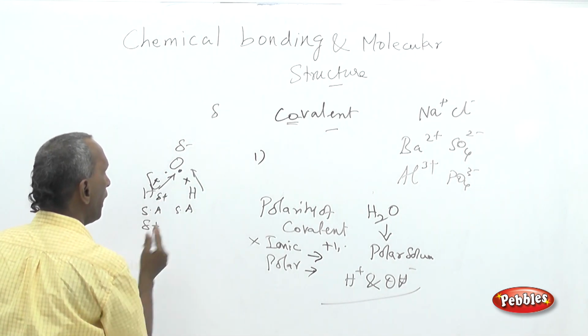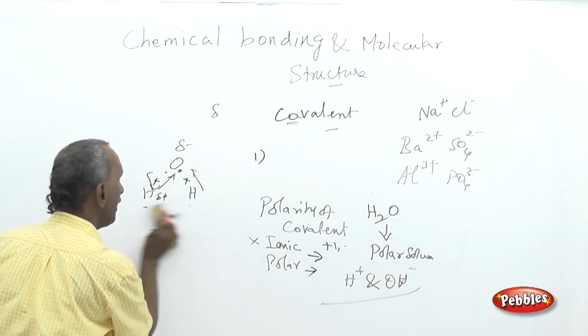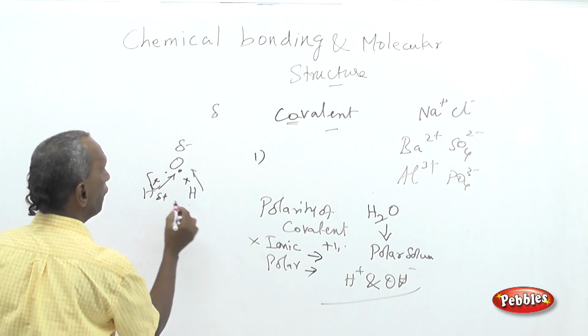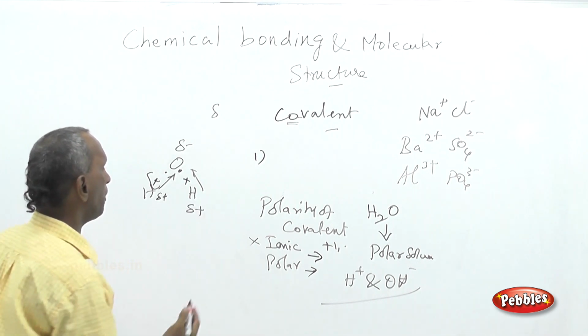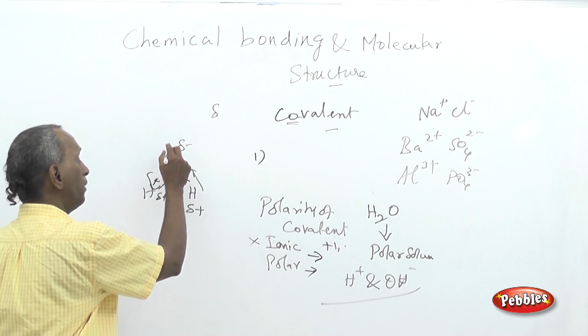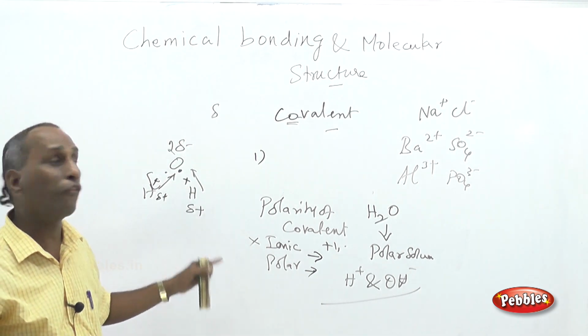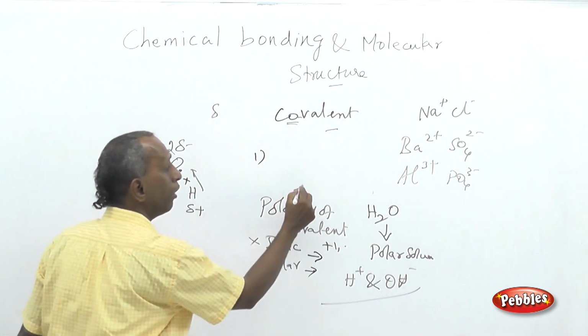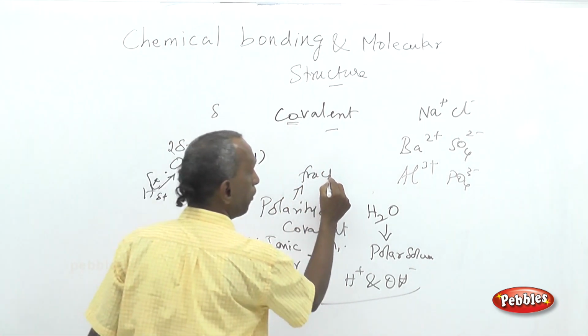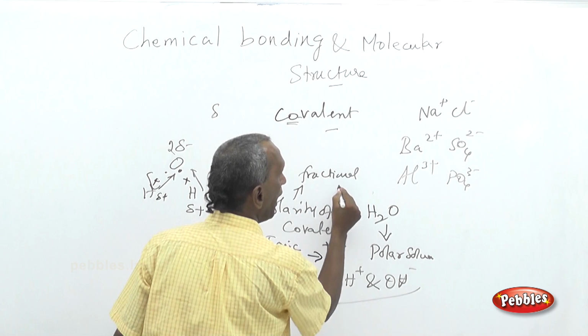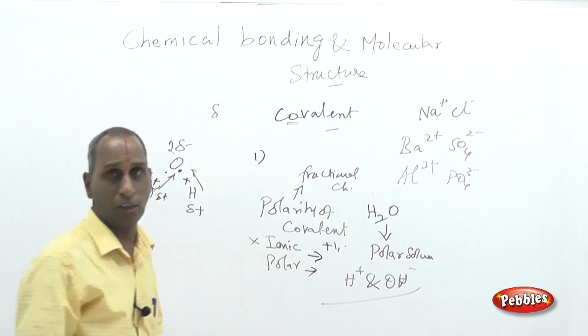Hydrogen becomes electron deficient, so a partial positive charge is established on the hydrogen atoms, and a fractional negative charge on oxygen. This is called fractional charge characteristics, or polarity. Polarity is nothing but fractional charge characteristics.